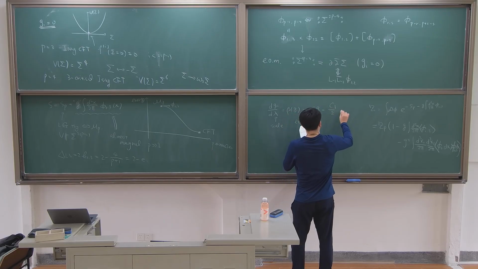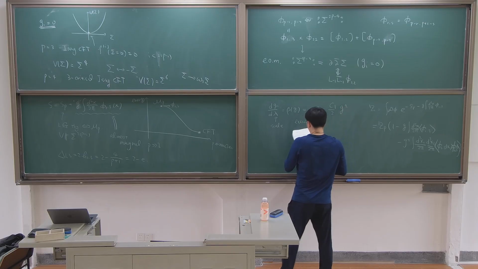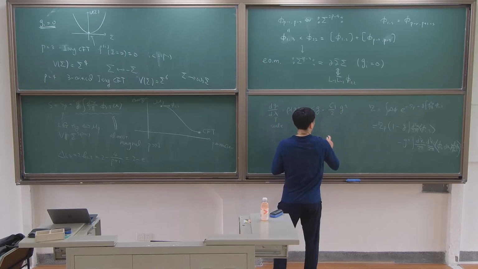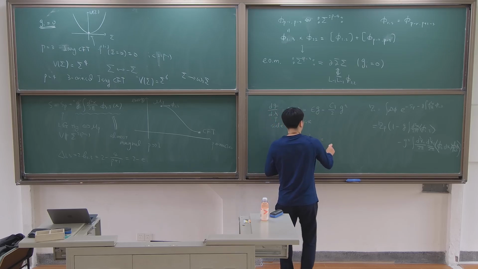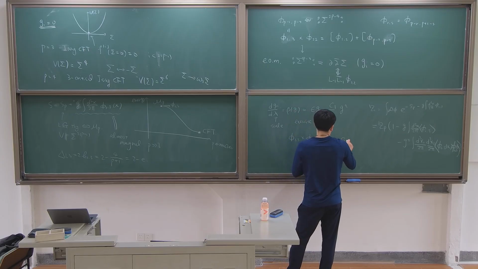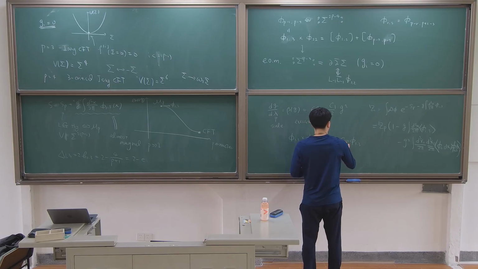The beta function can be derived this way: C_1 over 2 g squared, where C_1 is in fact the OPE coefficient.